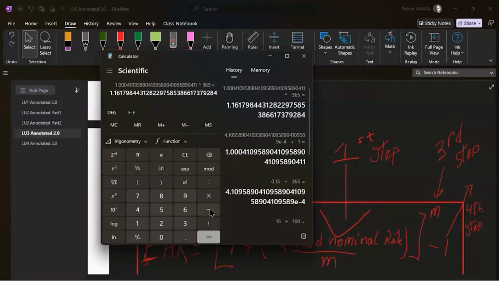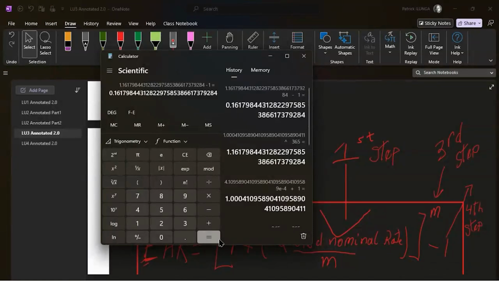Okay. So remember, here we are at the third step, right? Minus, fourth step, minus 1. Look at what it gives us. 16. You see this one. Remember that this is a decimal.